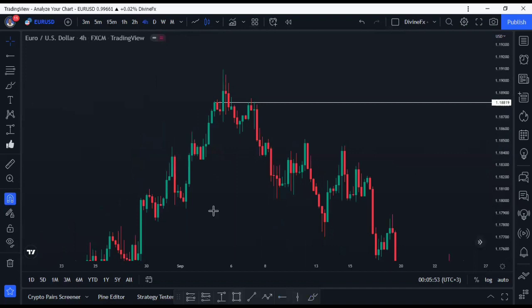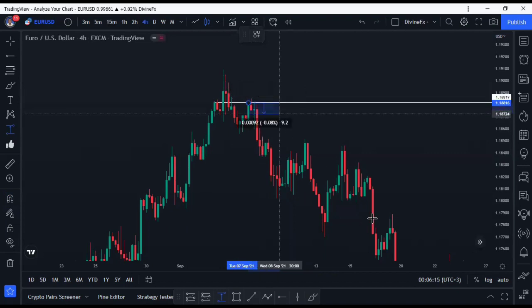Then if we took this trade, you see, the drawdown was only about 4 pips, 3.7 pips for the drawdown over here.